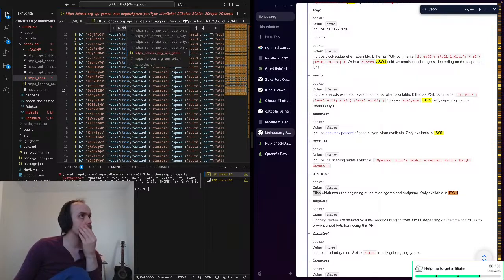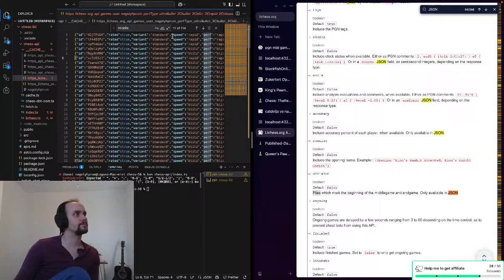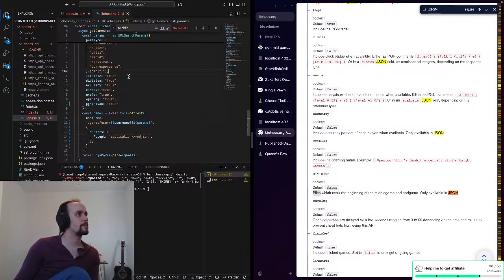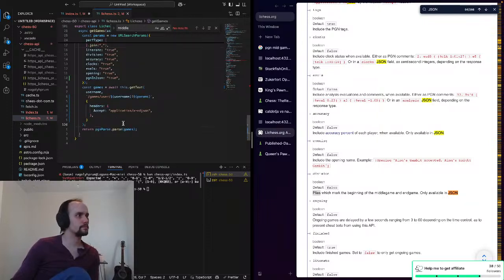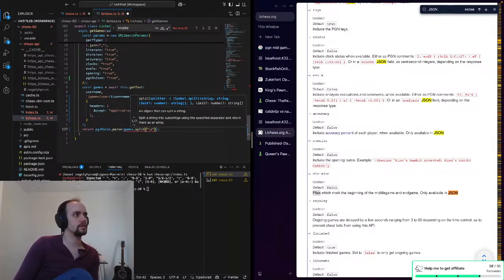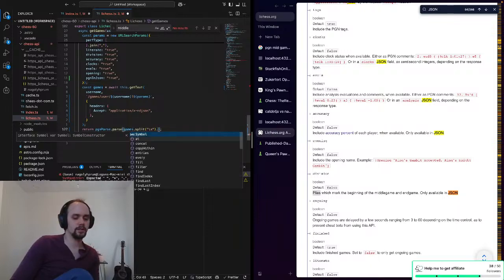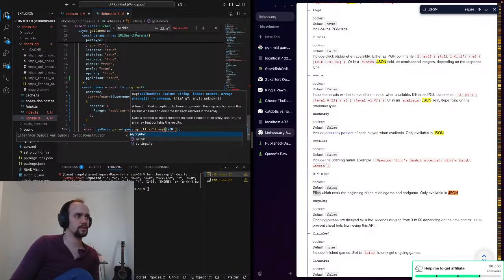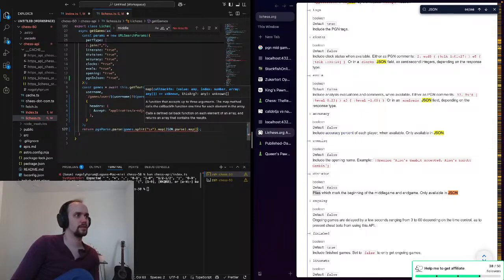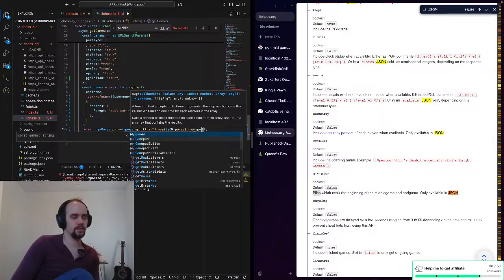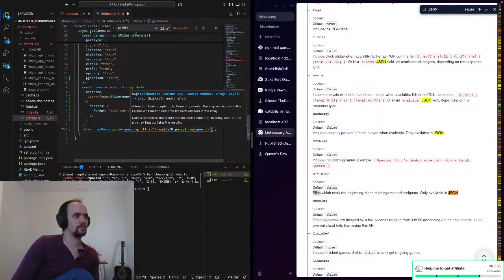So what I need to do is close this. And what I need to do in here, I need to say games.split on new line. Oh, because it's JSON. Dot map JSON.parse, dot map game to game.pgn.